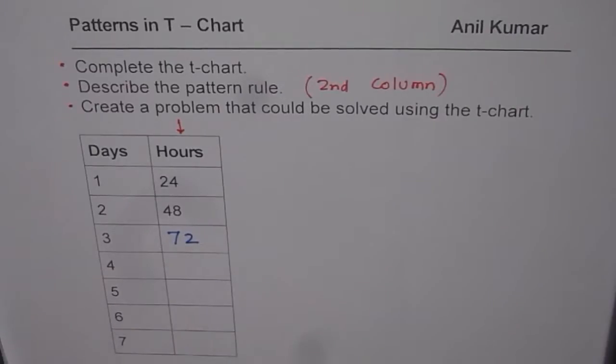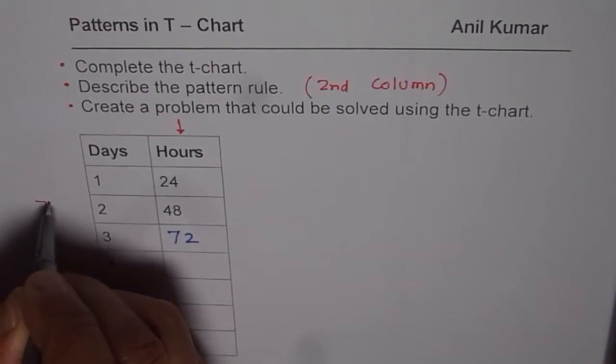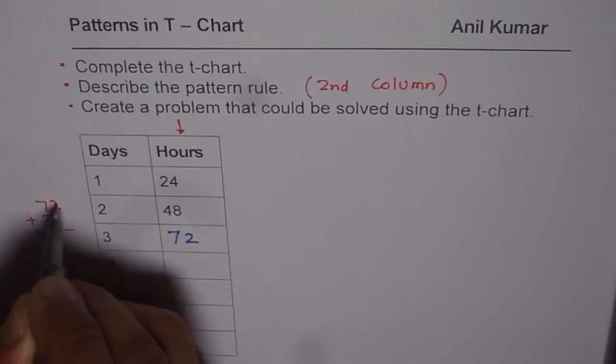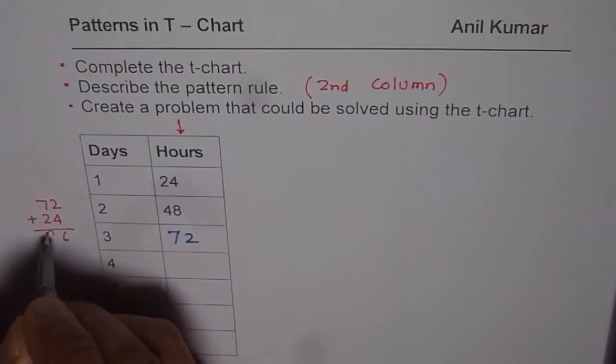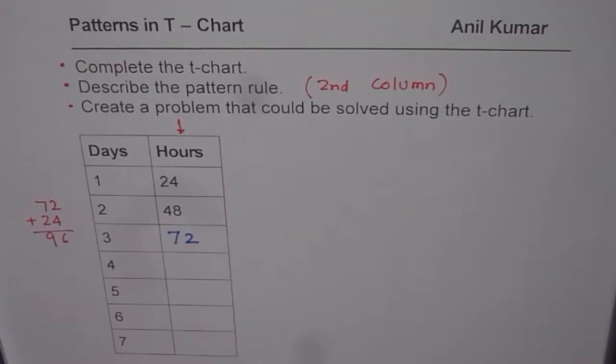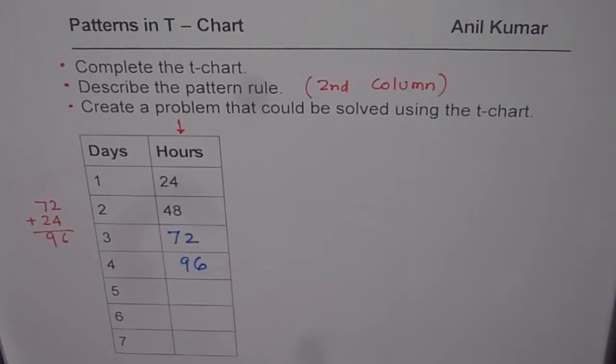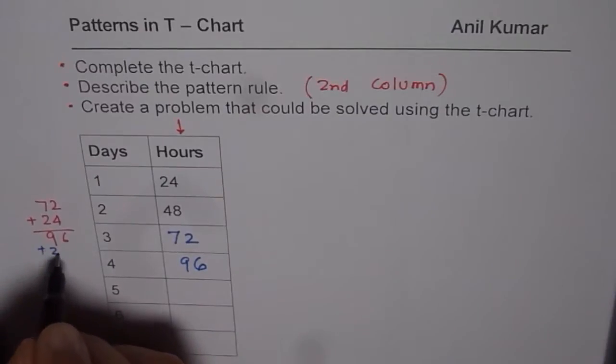Now let us again add 24. You can do it on the side also. 72 plus 24: 2 plus 4 is 6, 7 plus 2 is 9. So let us write down 96 here. Now to 96, let us add 24 again.